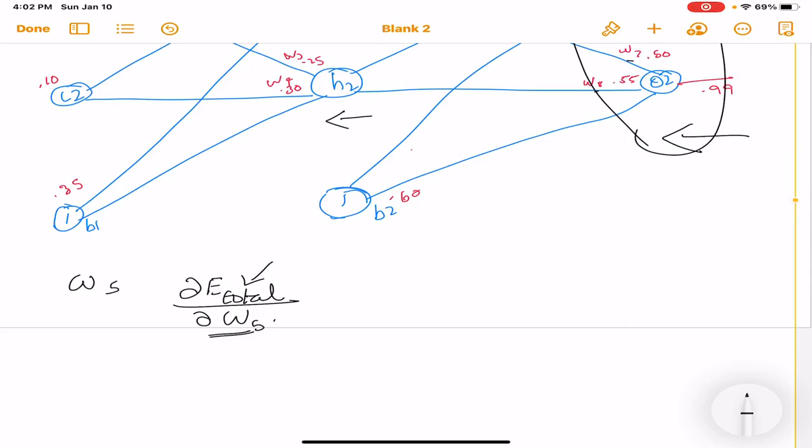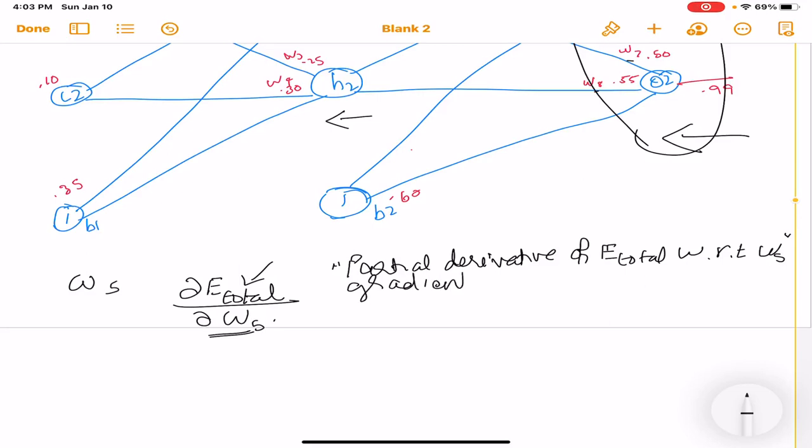This is read as the partial derivative of E total with respect to W5, and it is also called the gradient with respect to W5.